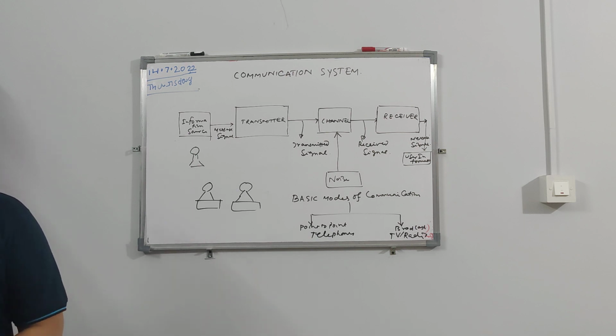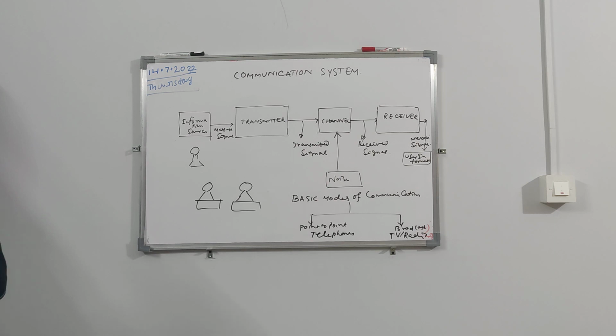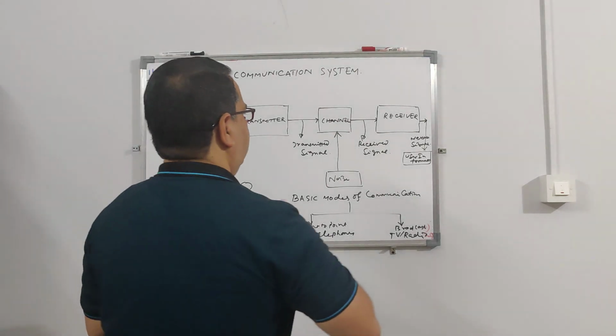In a communication system, the transmitter is located at one place and the receiver is located at some other place. It can be a very far off place. Depending on the type of communication system, the channel may be in the form of wires or cables connecting the transmitter and the receiver, or it may be wireless. So what do you mean by channel?